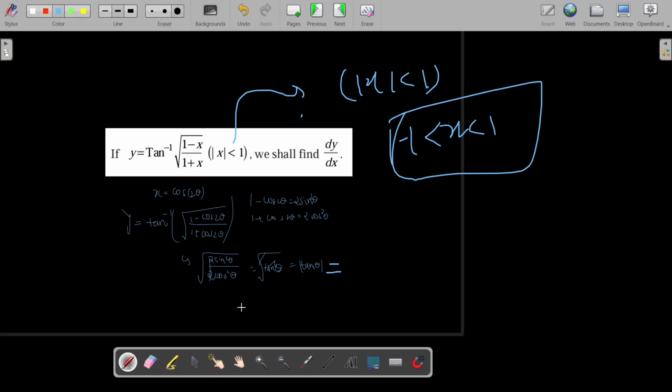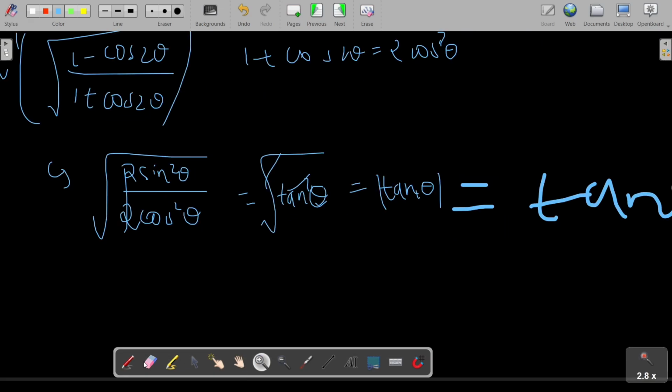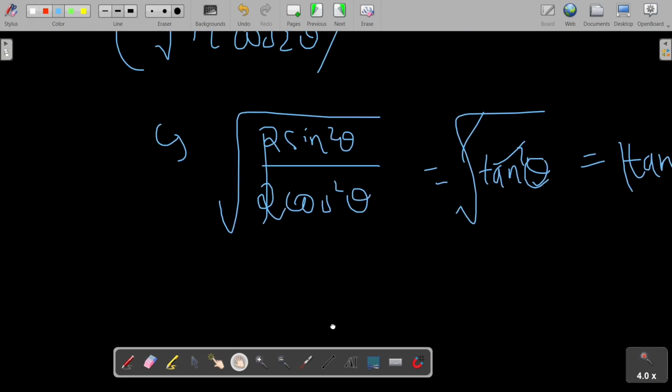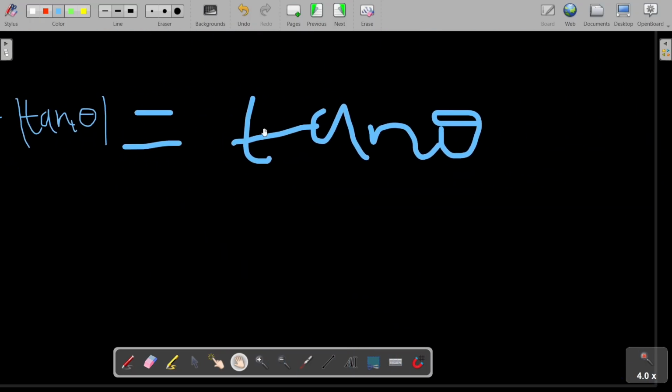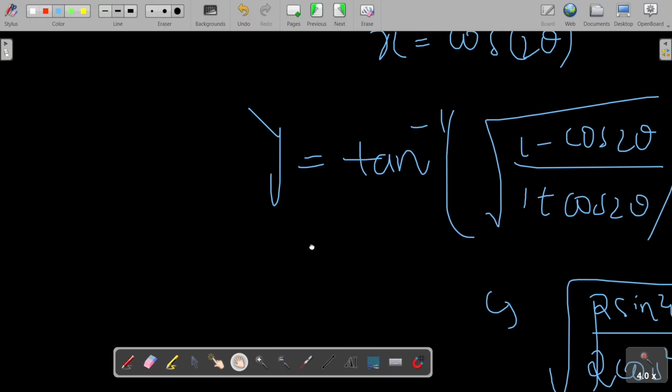So x can also be positive, so this tan theta is going to be a positive tan theta. So this thing right here is tan theta, and this is the argument.